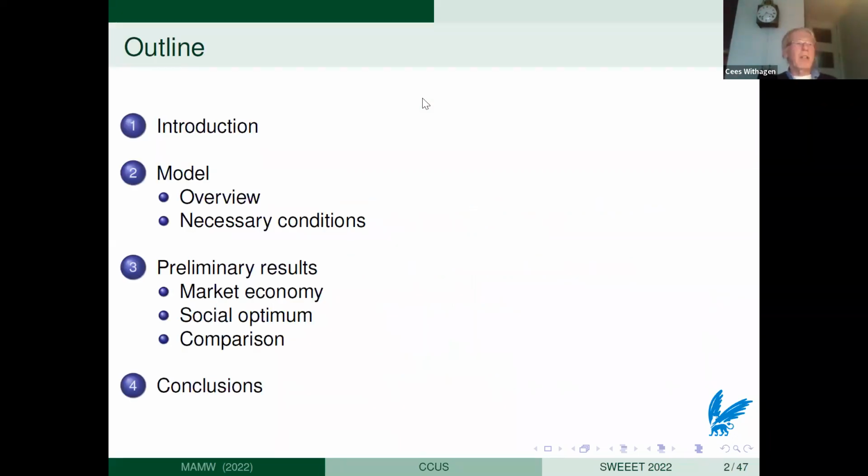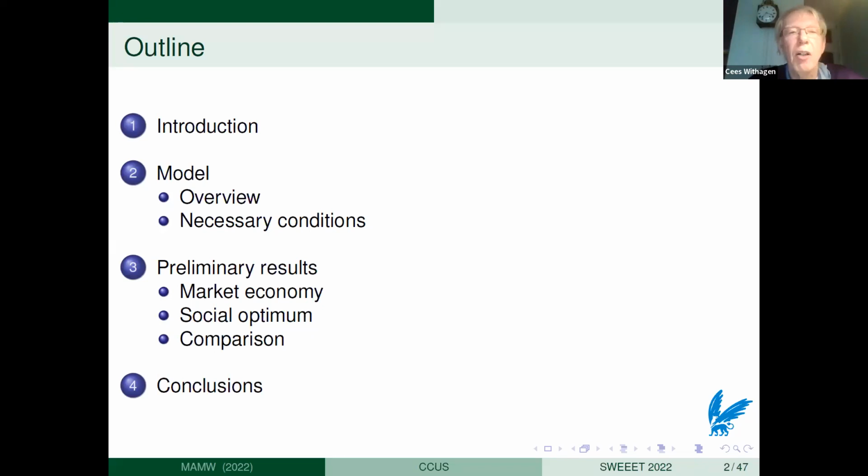This is the outline of my talk. I will give an introduction, then I will present a model. In first instance, a rather complicated model, but I will simplify. And then, it says here that there are preliminary results. It means that the paper is not yet finished.